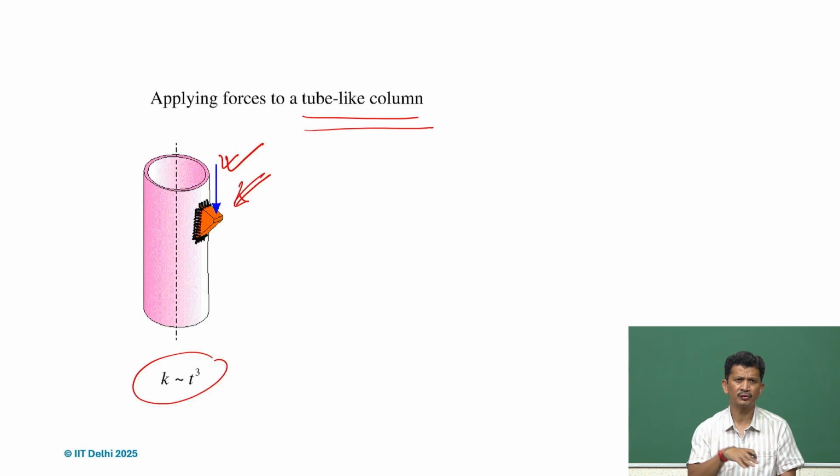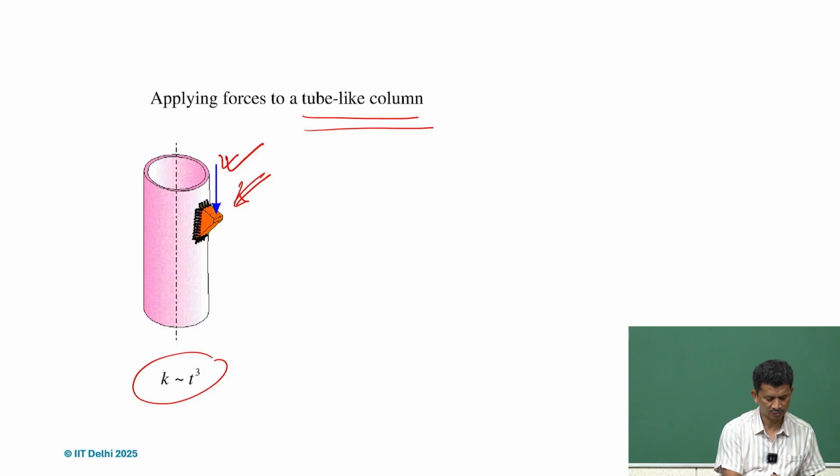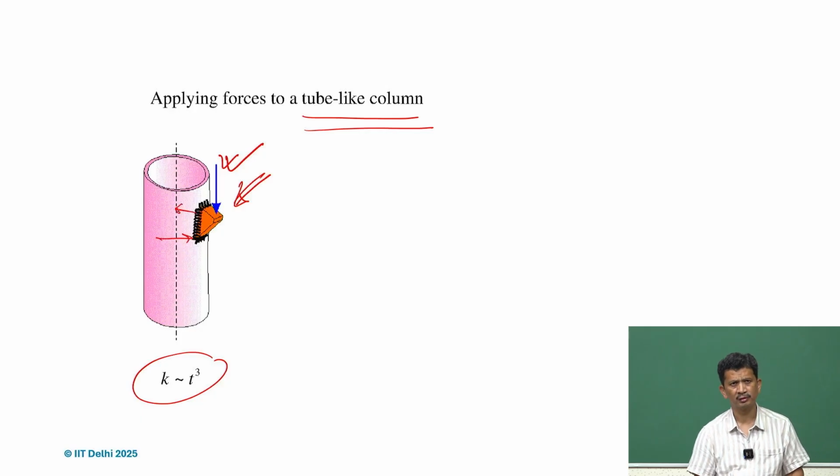It can easily pierce through, and it's not a good design. So in order to support this load, there will be this kind of force coming on the tube or the column, and it can easily penetrate and damage it.